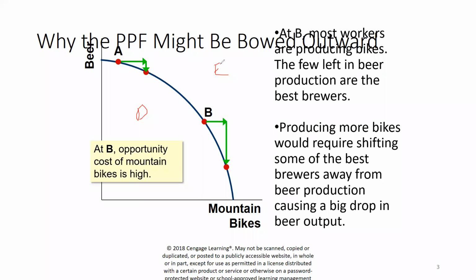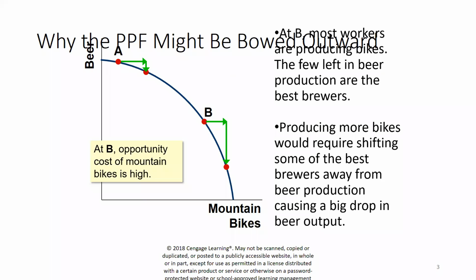Or the quality of resources could be getting a college education or more education, so you're more productive as a citizen. Either one of those would shift the curve out, and I'll show you an example of that in the next slide. The second one is a change in technology. So: change in quantity or quality of resources, and change in technology.